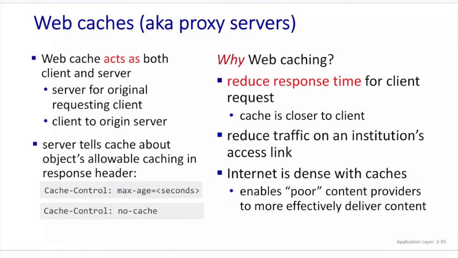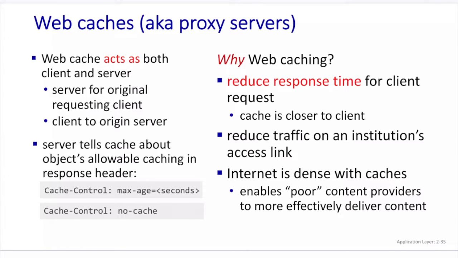And since we reduce the internet traffic, the internet is dense with caches, so it enables poor content providers to deliver content more efficiently. So there will be fewer requests in the internet, right? So the server will have less stress serving all the clients all over the internet.